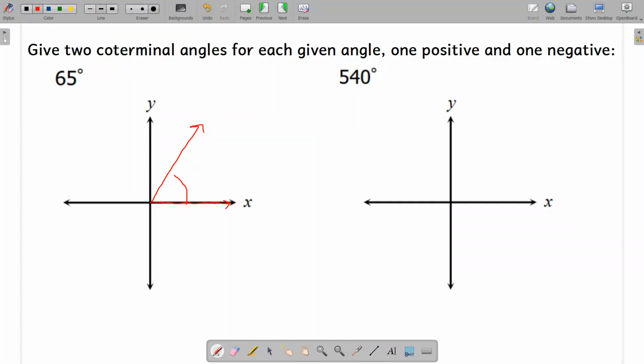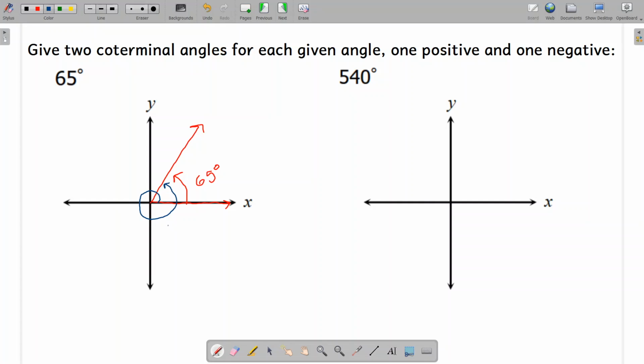So let's call this our 65 degree angle. Now, to get a positive coterminal angle, I could just go around one full time counterclockwise and then go 65 degrees more to arrive at that same terminal side. So to draw a picture of it, that would mean going all the way around and stopping.